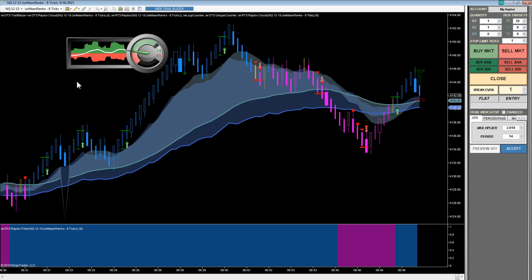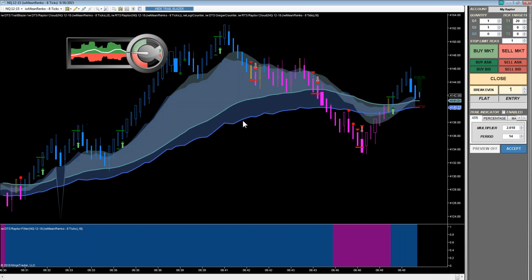Colin is asking, what's the setting on the double cloud? We're running two Raptor clouds. One is at 8 ticks, the other's at 10.